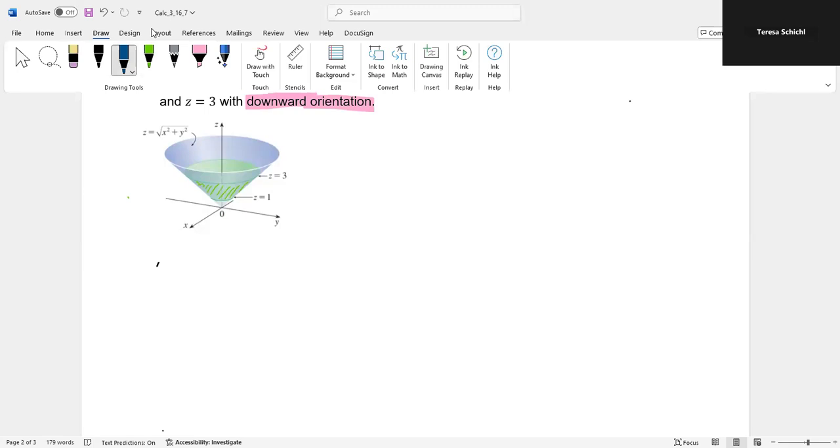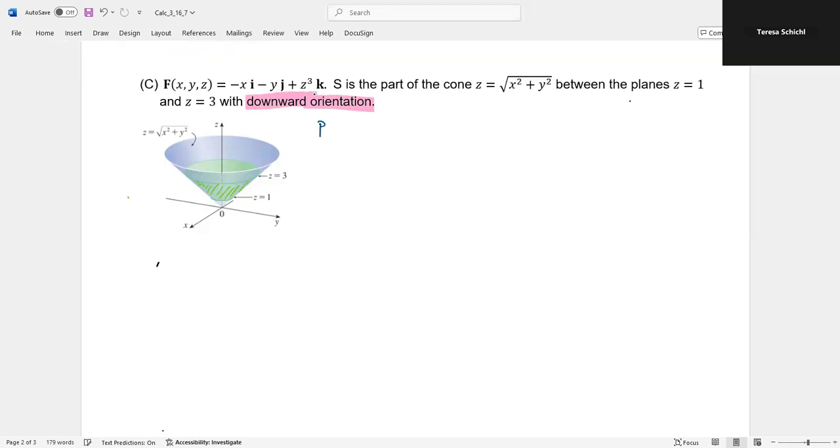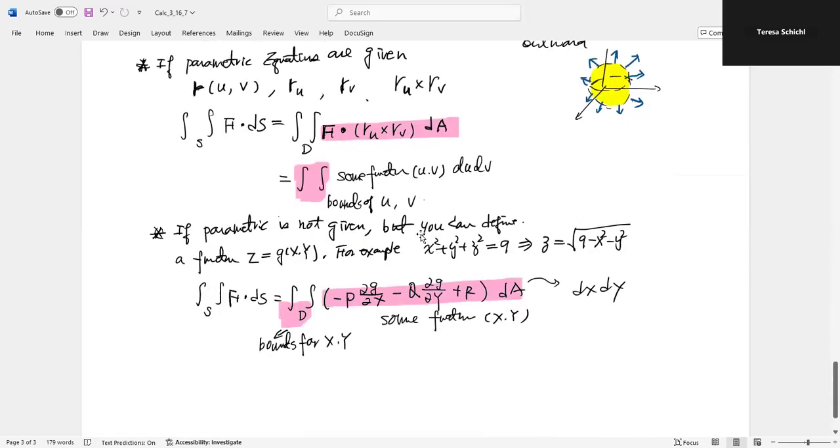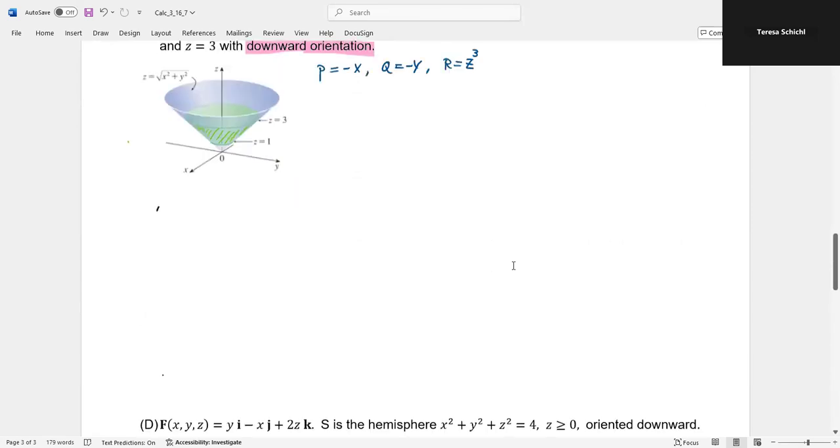P is equal to negative x, Q is equal to negative y, and R is equal to z cubed. Remember the formula we use is negative P partial g partial x, and negative Q.